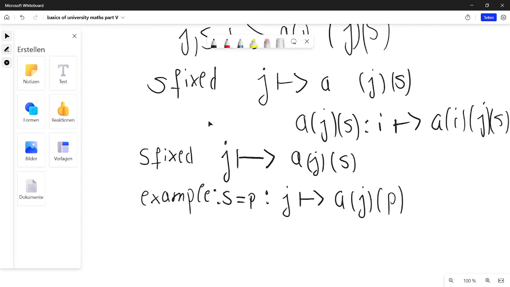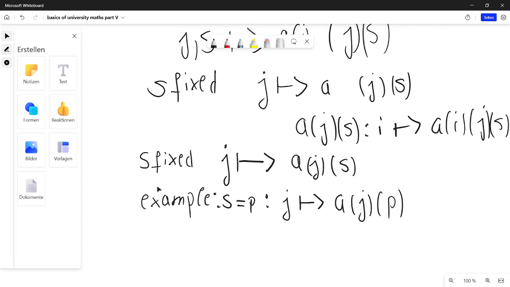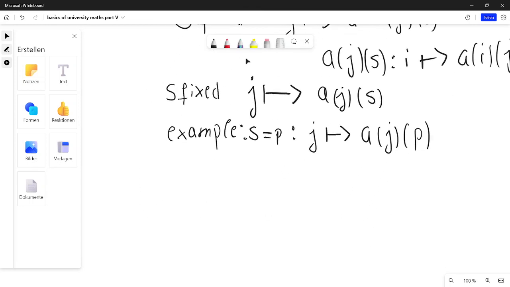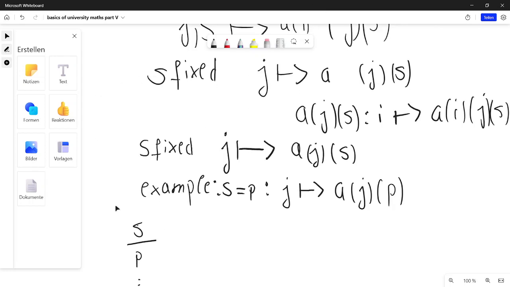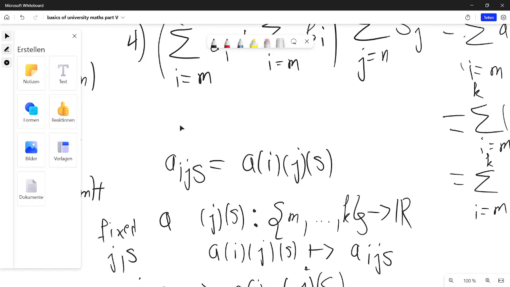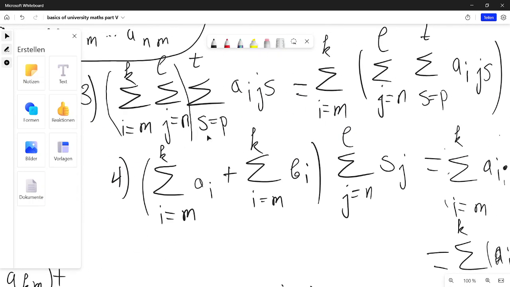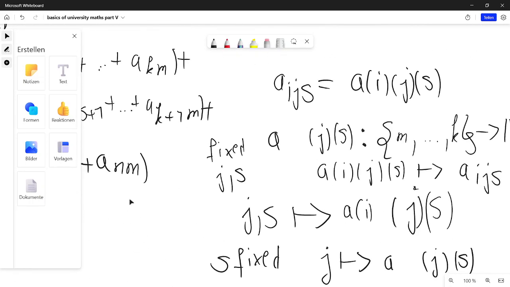Now that is for one single S, but that is for each S. What does that mean? That means we have to go through all S from P to T.